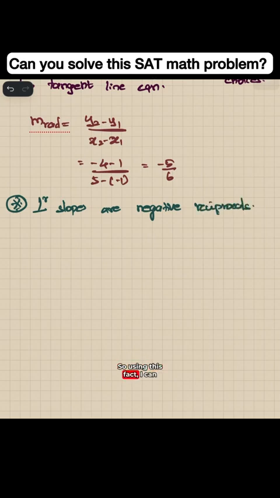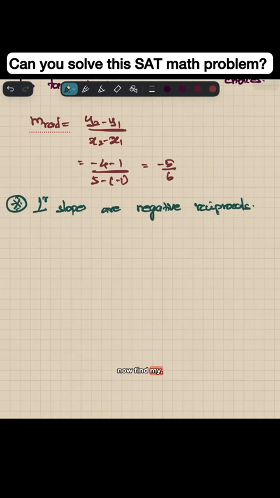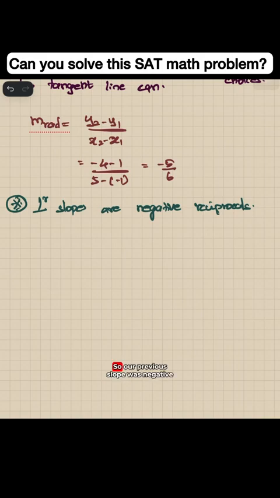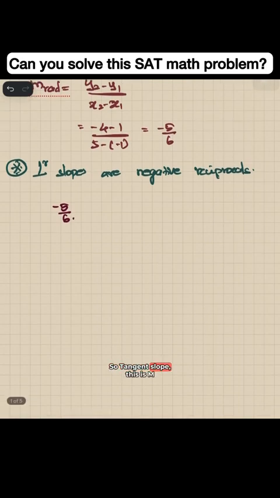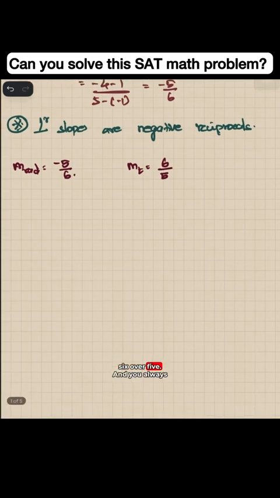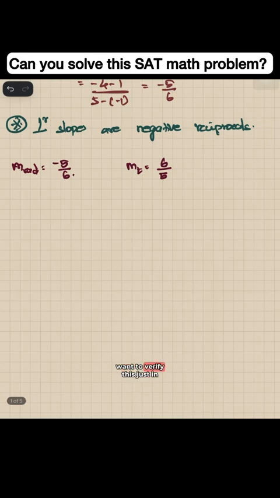So using this fact, I can now find my slope of the tangent. So what would I get? Our previous slope, m radius, was -5 over 6. So mt would just be the negative reciprocal, so it would be 6 over 5.